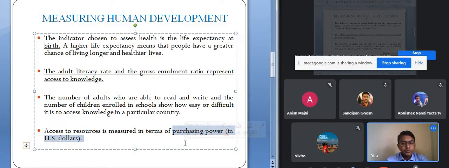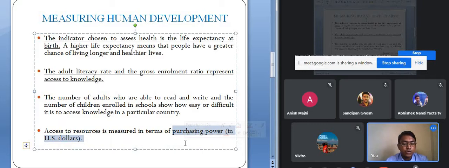So in these three fields, health 0.33, education 0.33, and access to resources 0.33 is the total score. Out of 0.33, some countries get 0.2, some get 0.15, and so on. The overall score is done by adding the scores from health, education, and access to resources.